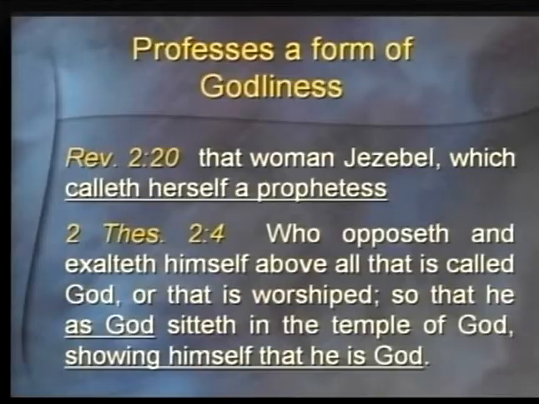And 2 Thessalonians 2 verse 4 gives us a little hint, more information about the Antichrist. It says there, who opposeth and exalteth himself above all that is called God, or that is worshipped, so that he, as God, sitteth in the temple of God, showing himself that he is God. Is he God?